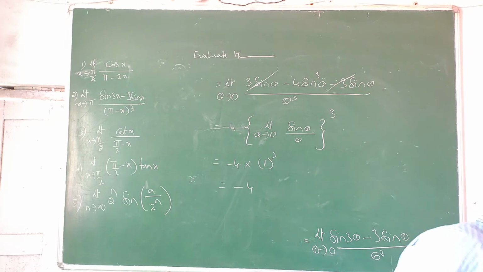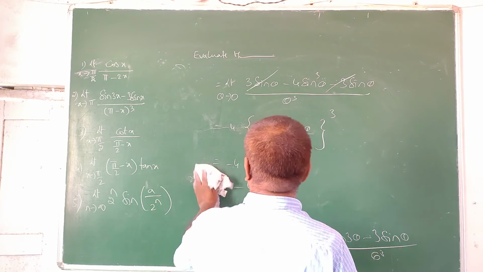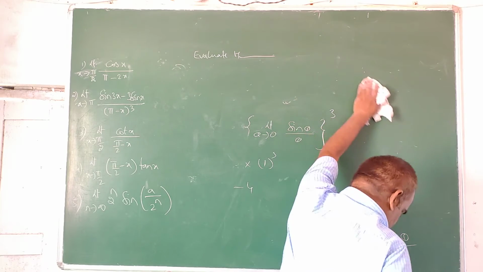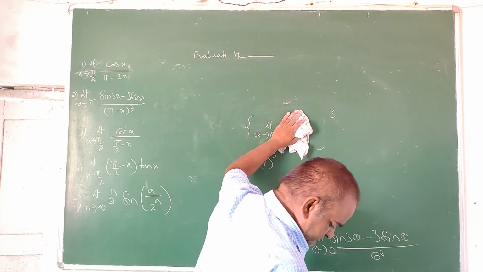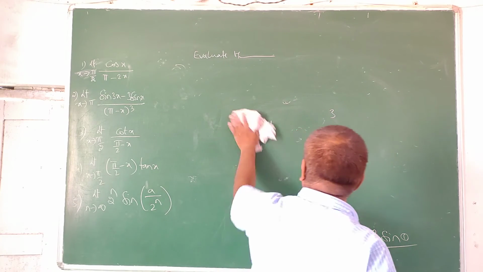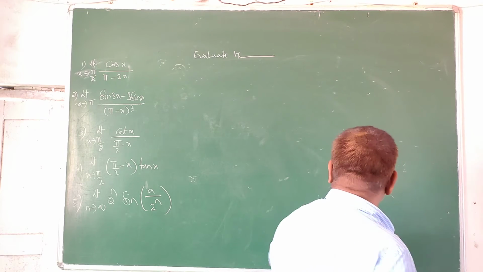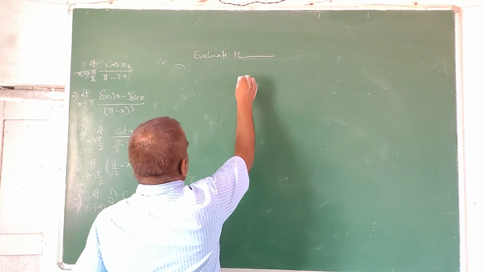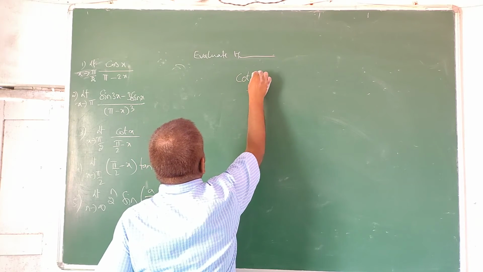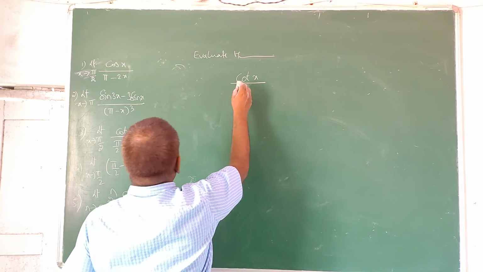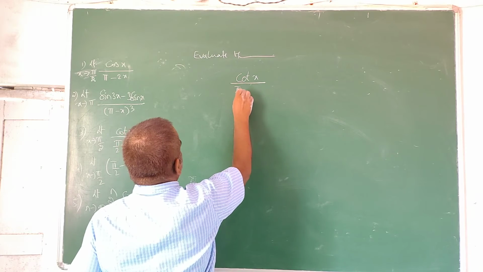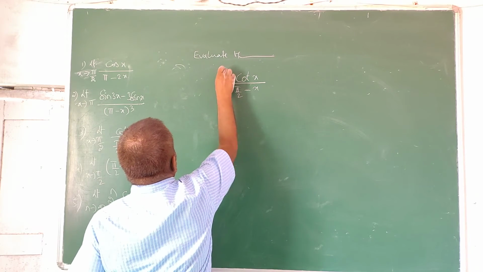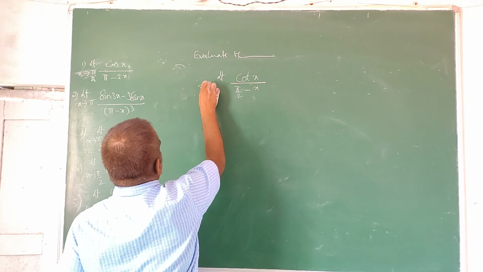So next question is cot x by pi by 2 minus x, as limit x tends to pi by 2.